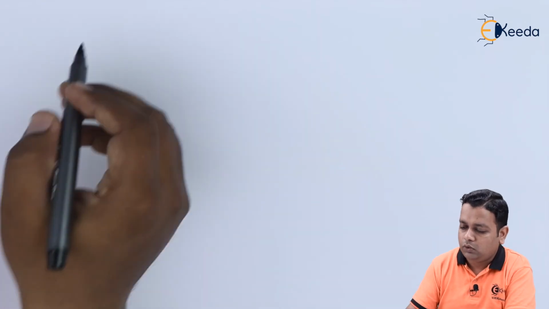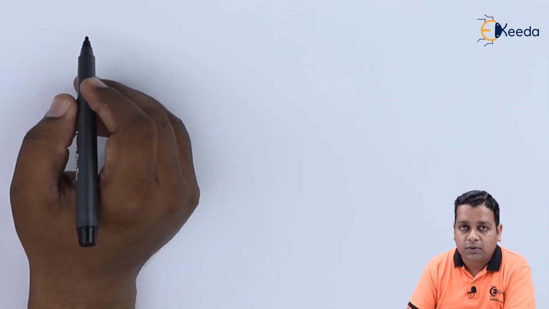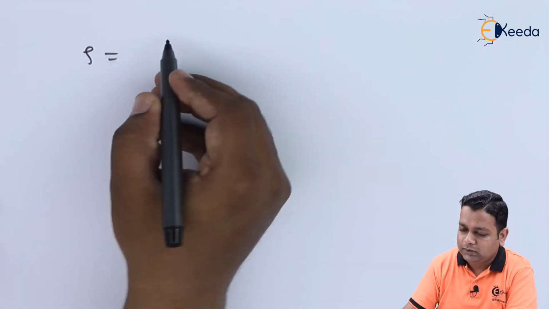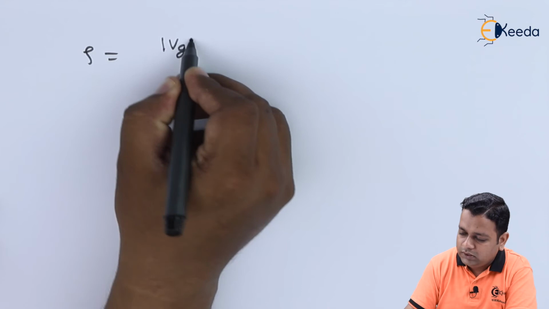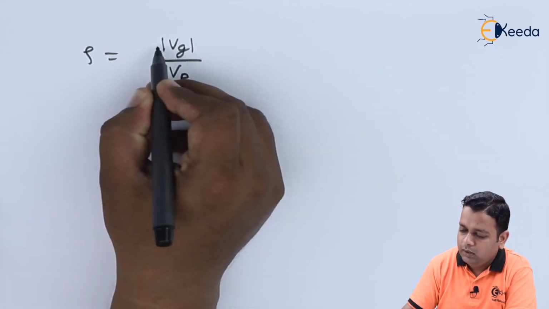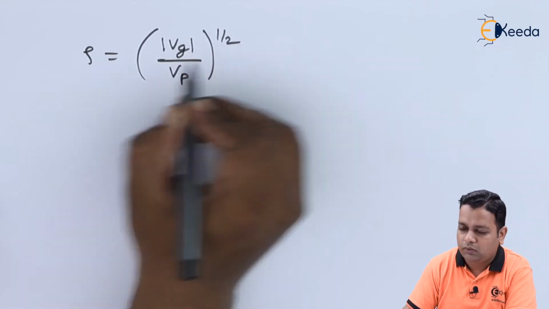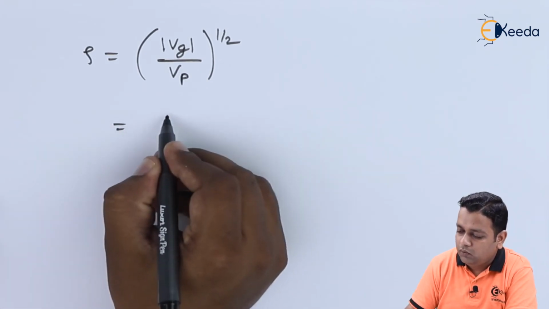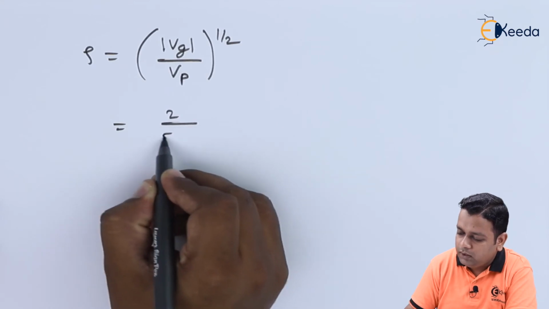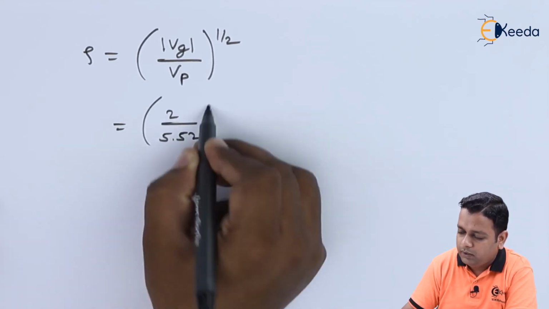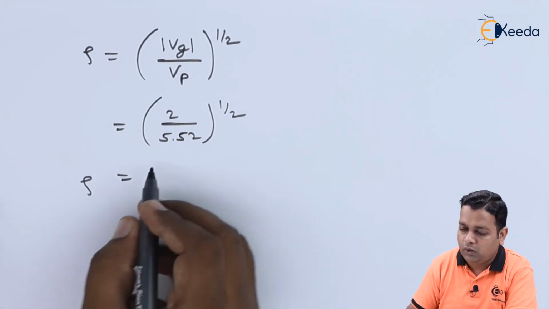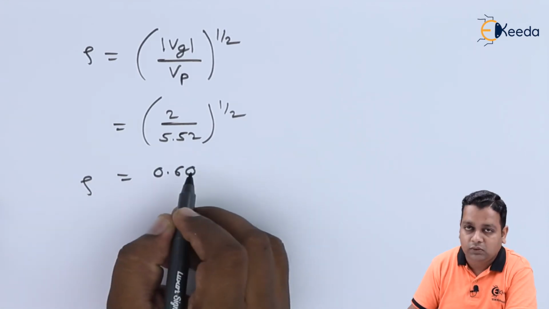So these are the helpful values. Along with mu, we require another parameter to be used in the calculation of drain current, that is nothing but the rho. So rho is computed as mod of Vg divided by Vp kept under square root. So here making use of Vg equal to 2, the magnitude Vp equal to 5.52 obtained, under square root gives the value of rho equal to 0.60.